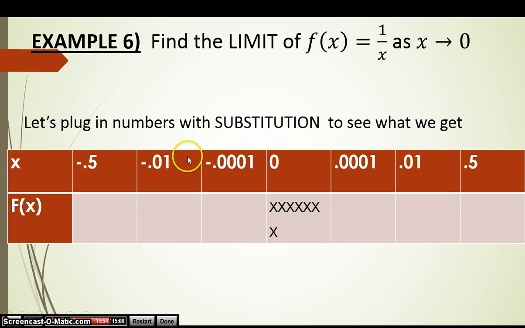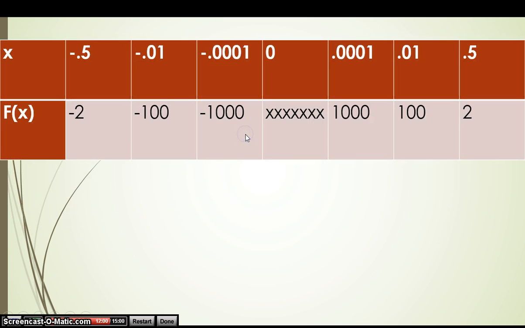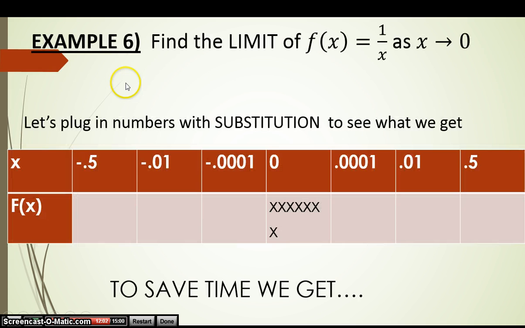As I'm doing this, I'm plugging this in. You can see what I would be plugging it into. I'm just plugging it in to save you time. I'm plugging in negative 0.5 and positive 0.5, negative 0.01 and positive 0.01, negative 0.0001 and positive 0.0001.